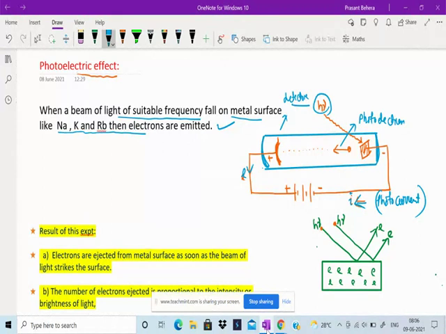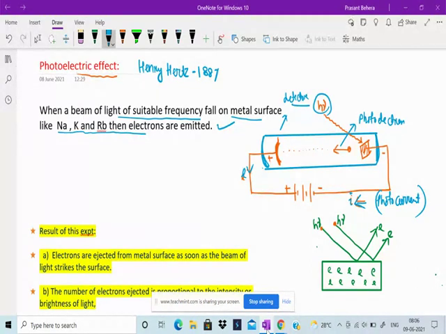This phenomenon was first observed by the scientist Heinrich Hertz in 1887. The following results are obtained in this effect.